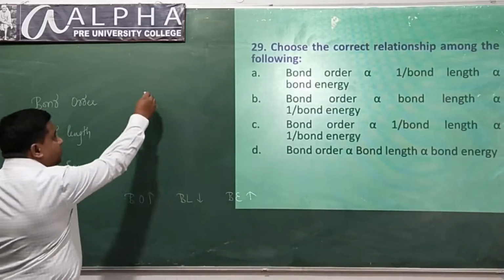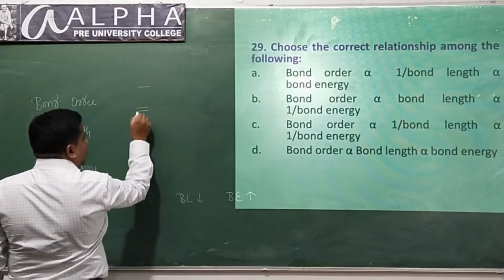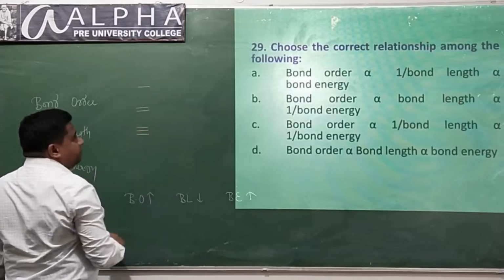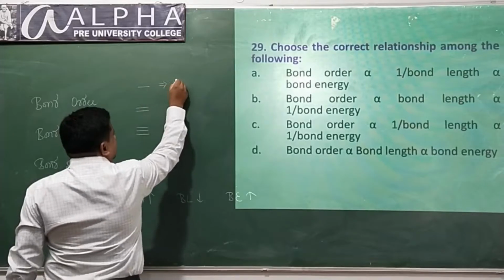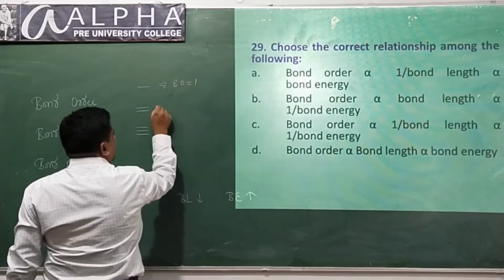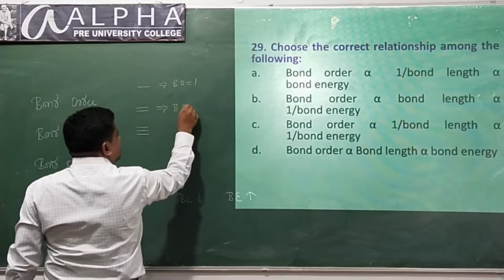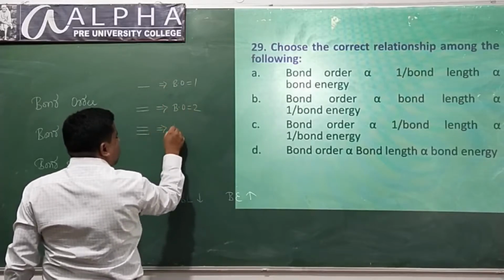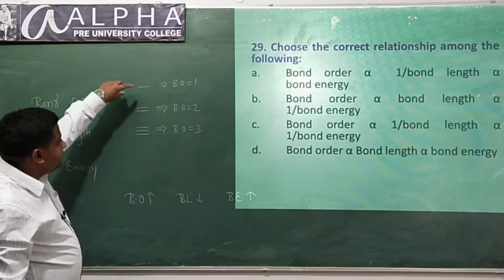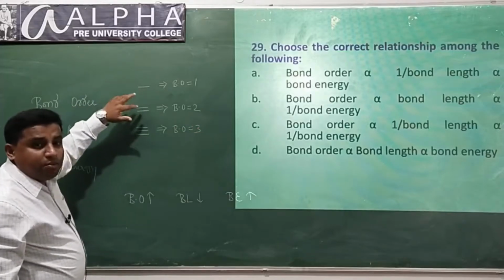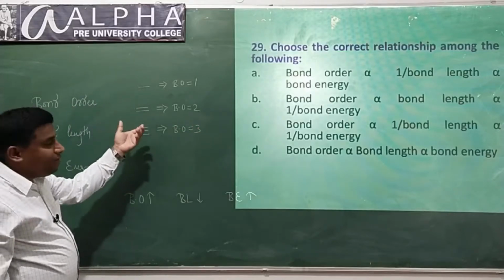For example, for a single bond, double bond, and triple bond: what is the bond order of a single bond? It is 1. For a double bond, the bond order is 2. For a triple bond, the bond order is 3. As the multiplicity of the bonds increases, the bond length decreases.